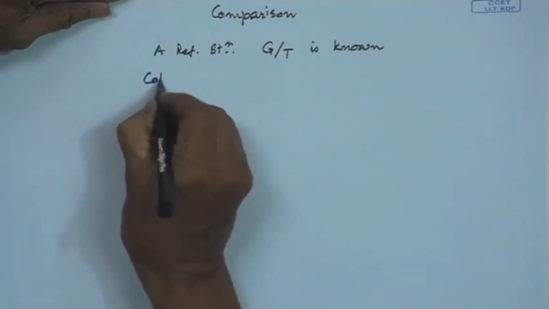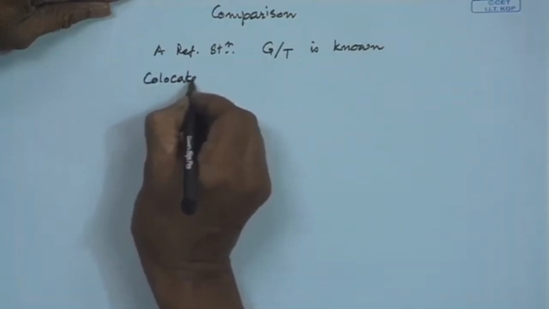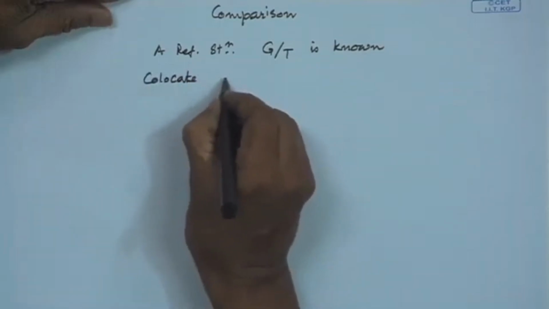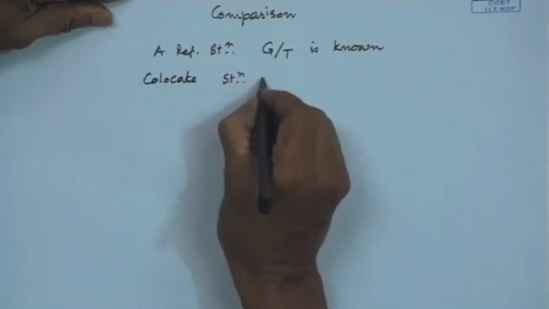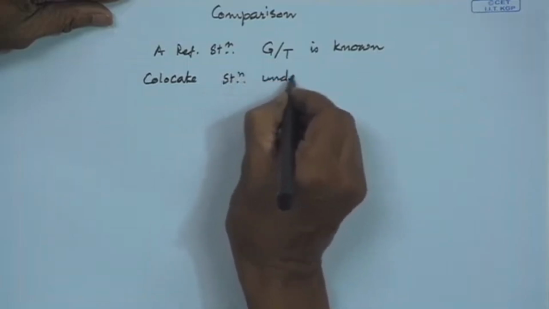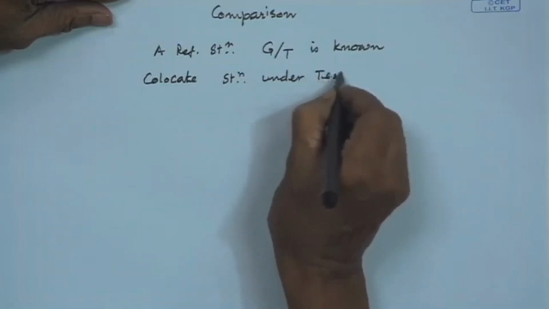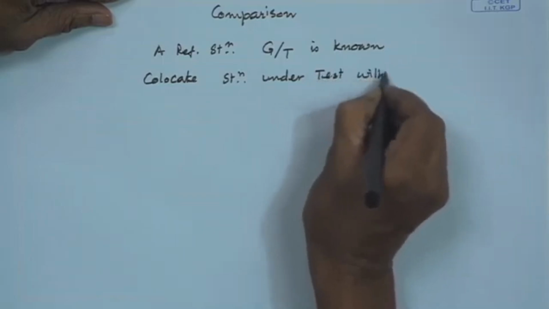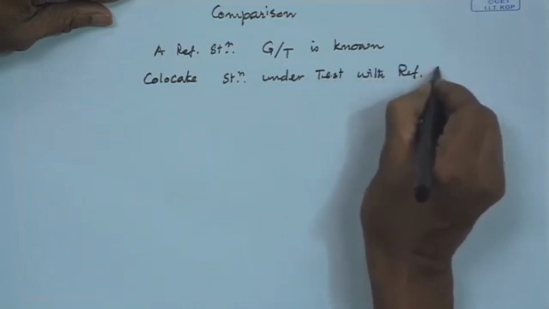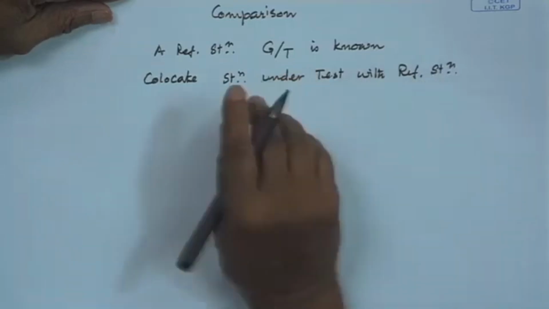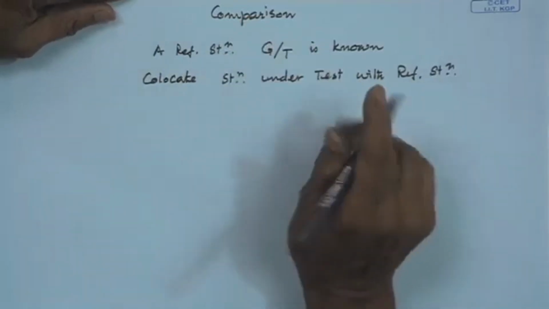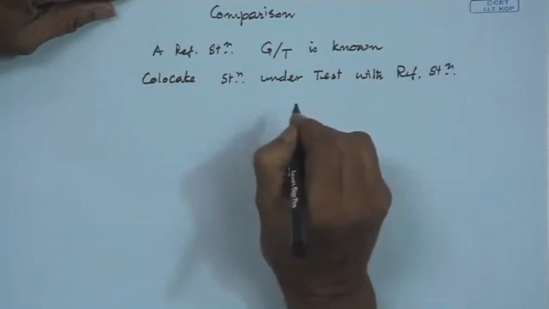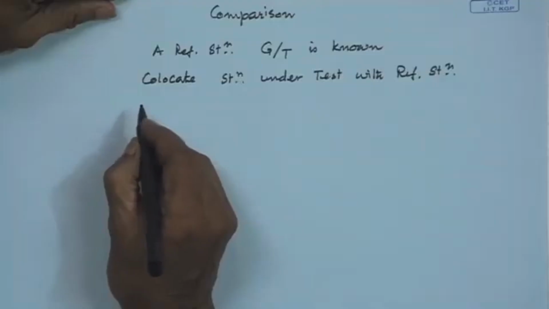Now, co-locate the station under test with the reference station. Since they are co-located, the path losses are the same, and you measure the C by N naught of the beacon.